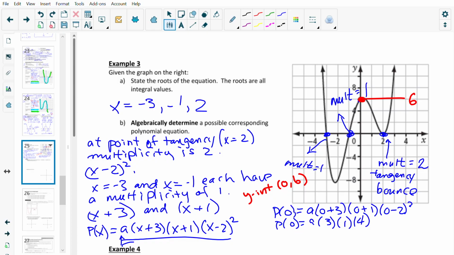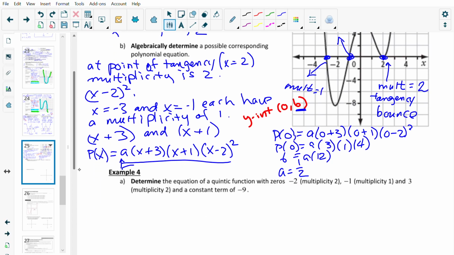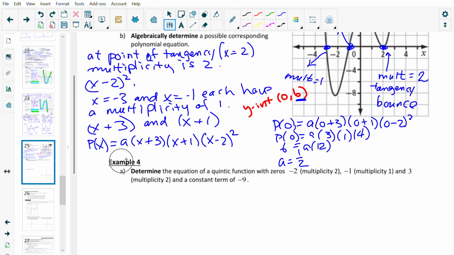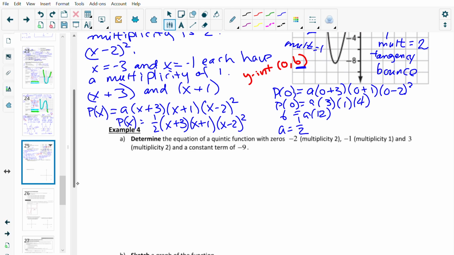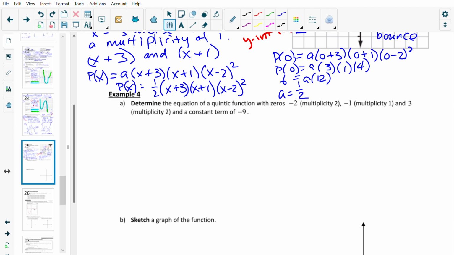P of 0 equals a times 3 times 1 times 4. So P of 0 we know is equal to 6. A times 12, so a equals 1 half. So in this equation we could rewrite it as P of x equals 1 half times x plus 3 times x plus 1 times x minus 2 squared.